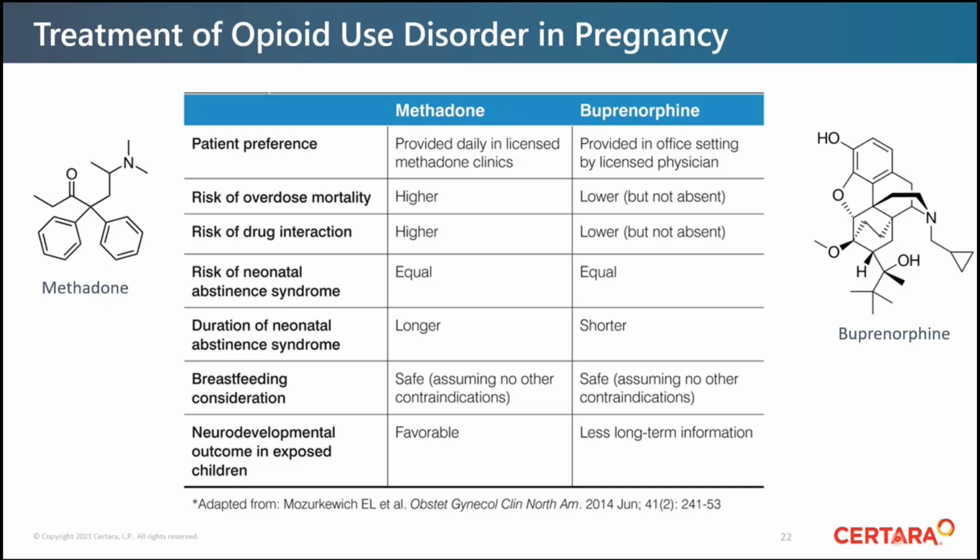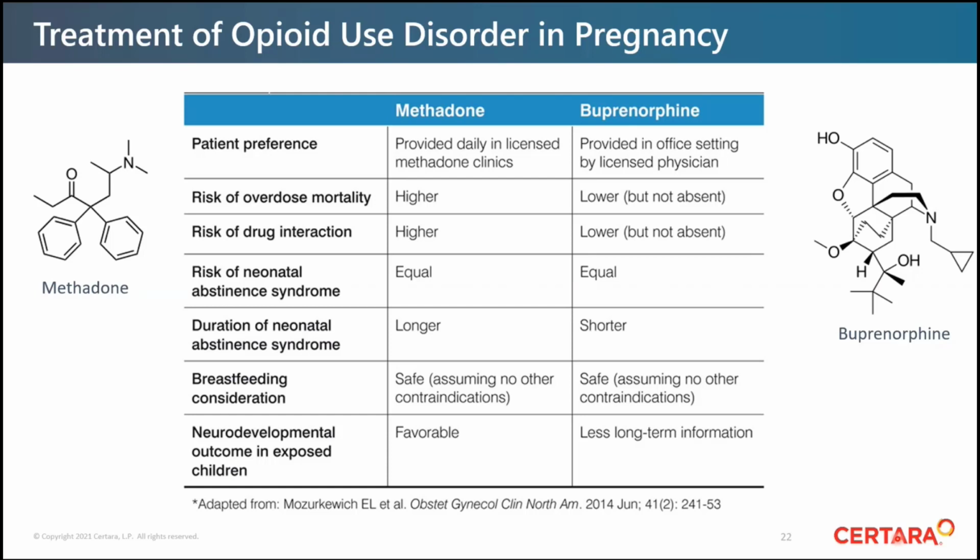Treatment of opioid use disorder in pregnancy consists of either methadone or buprenorphine maintenance therapy. Both are effective methods, but buprenorphine dosing is simpler and easier for the patient.